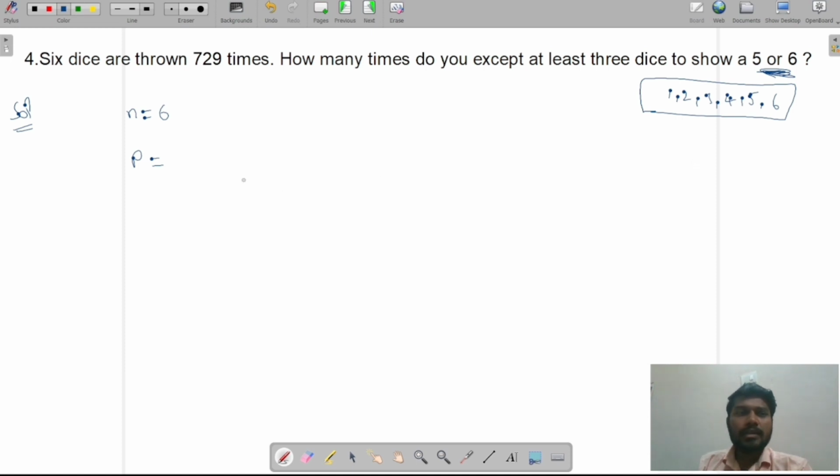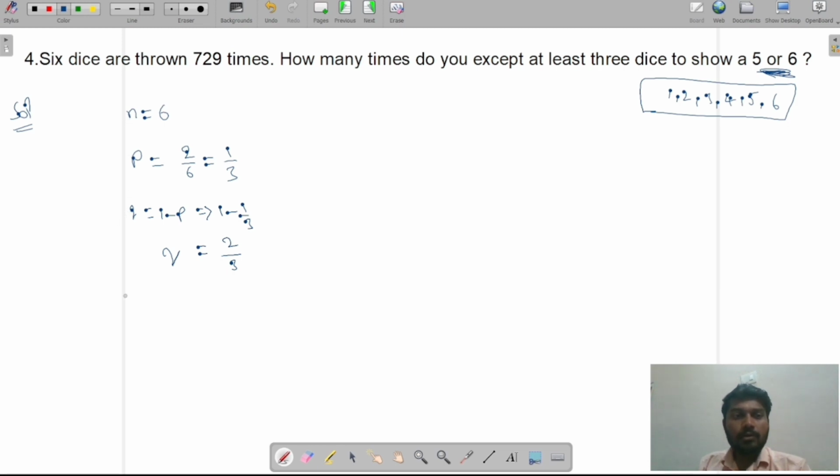So can I say 2 by 6 is the value of p? Yes. So it is nothing but 1 by 3 is the value of p. Then q is equal to 1 minus p, it implies 1 minus 1 by 3, then it will become 2 by 3 as the value of q.